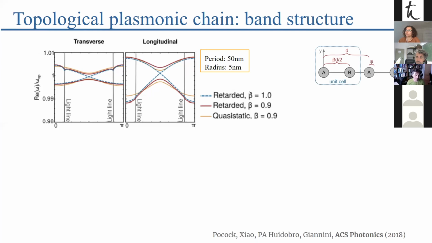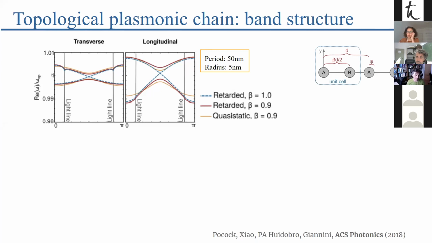When we don't break inversion symmetry, so the particles are equispaced, we have a gap closing. And by moving away from this point, we open the gap. And the full retarded calculation gives us bands that are qualitatively similar to the bands that one would calculate in the quasi-static regime.